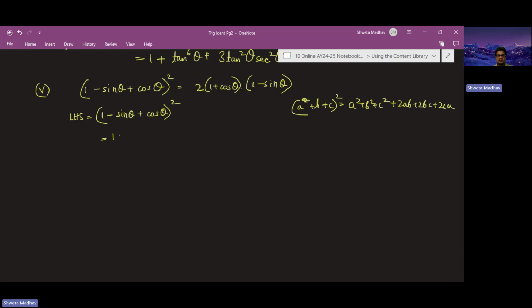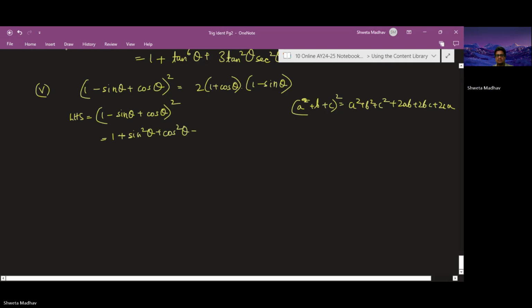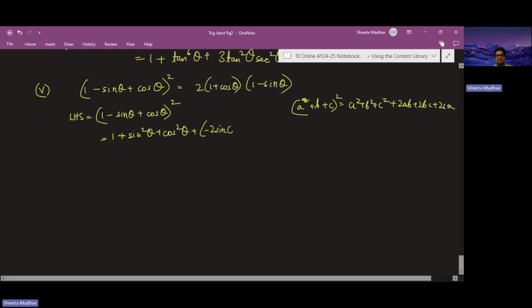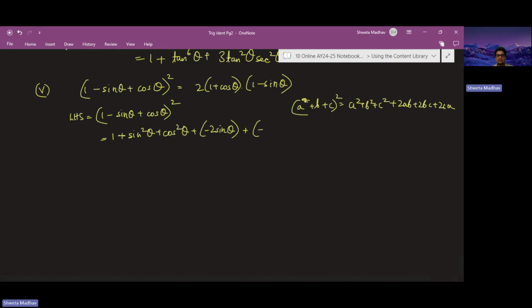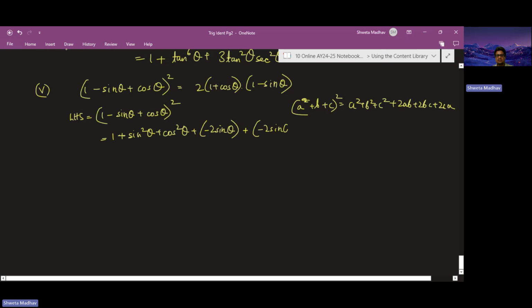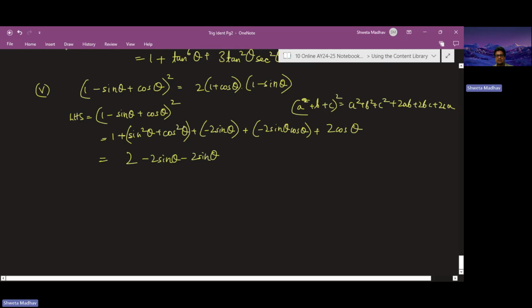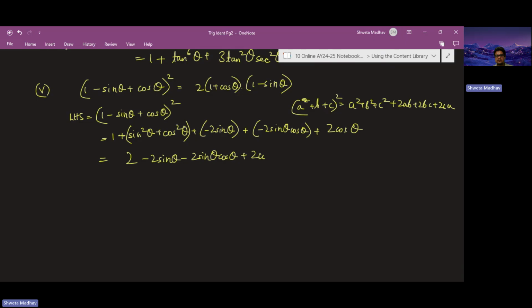So a square is 1, plus sin square theta plus cos square theta, plus 2ab, that is minus 2 sin theta, plus 2bc, that is minus 2 sin theta cos theta, plus 2ca, that is plus 2 cos theta. This will be equal to 1 plus sin square theta plus cos square theta, which we know is equal to 1. So 1 plus 1 is 2. So 2 minus 2 sin theta minus 2 sin theta cos theta plus 2 cos theta.